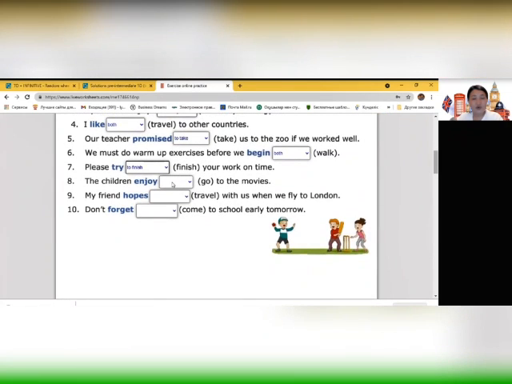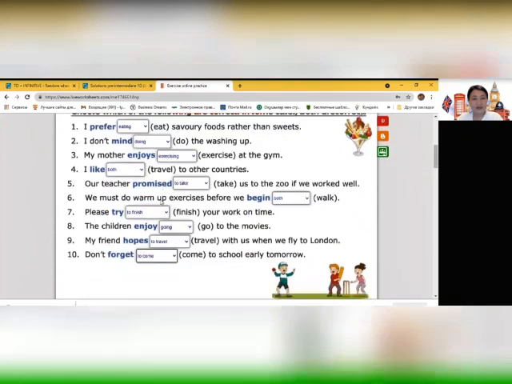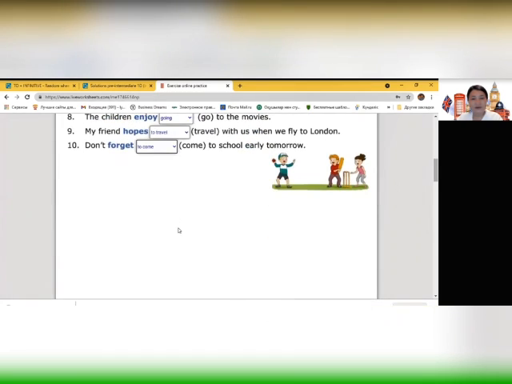As the children enjoy going to the movies, my friend hopes to travel with us when we fly to London. And the last task is, don't forget to come to school early tomorrow. You do these kinds of things. You choose the right one.